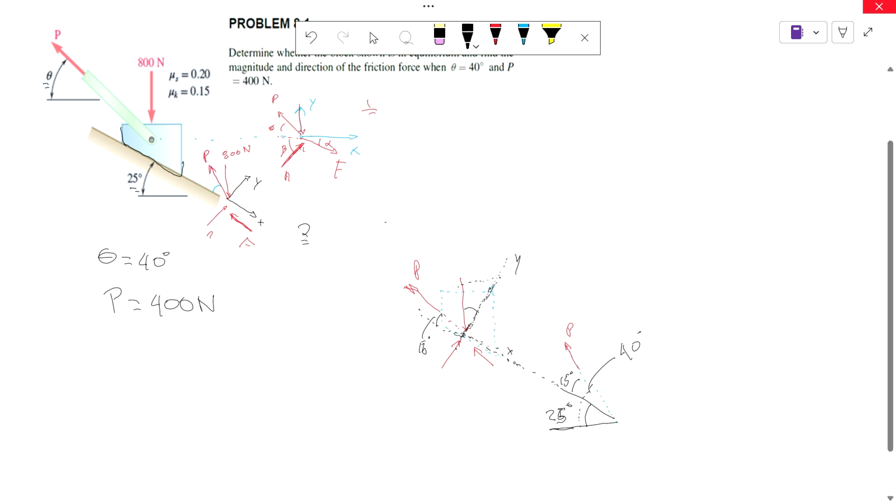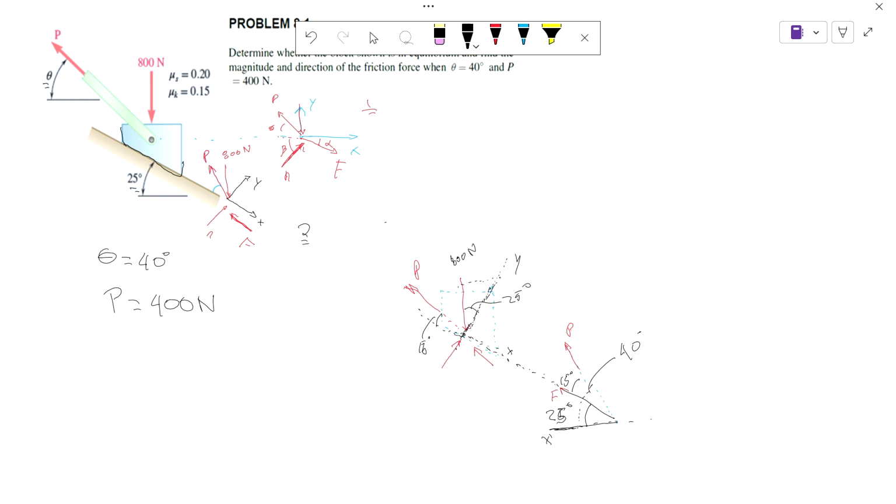So this x-axis is 25 from the horizontal plane, and this 800 newton force is perpendicular to friction. So if there's 25 degrees between this x prime, which is the horizontal plane, and this f, so if we move this 90 degrees, we're going to have a horizontal, and basically this is also 25.